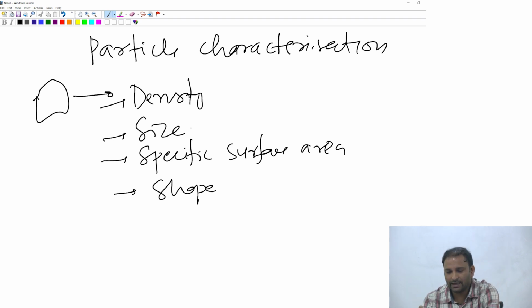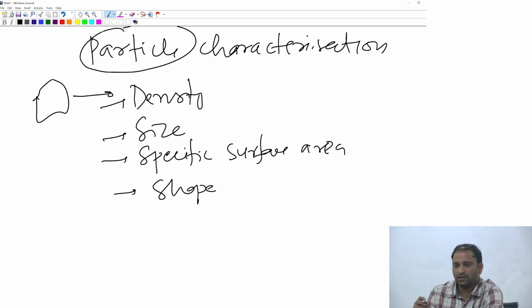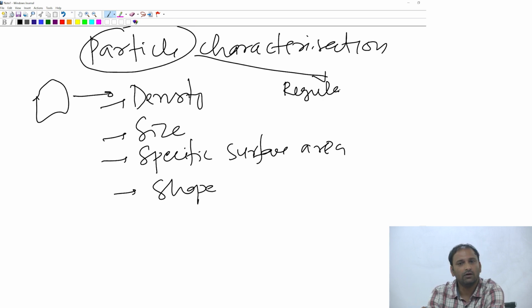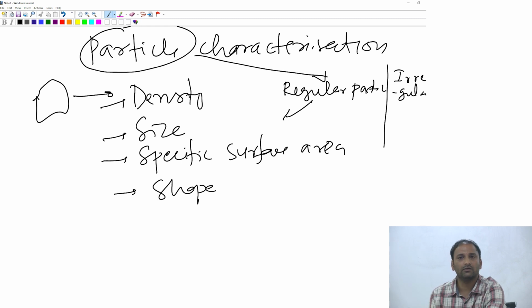Okay, so let's say I have particles in general. You take any particle, it can be a regular particle or an irregular particle, right? What do I mean by a regular particle?